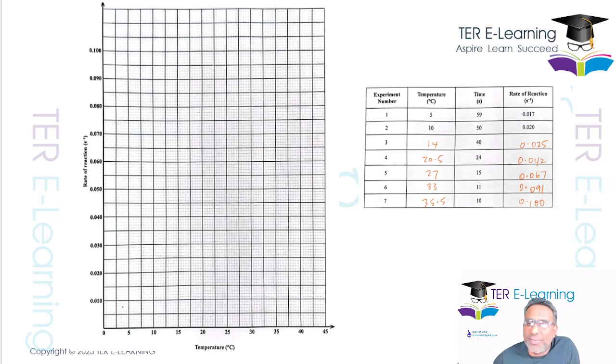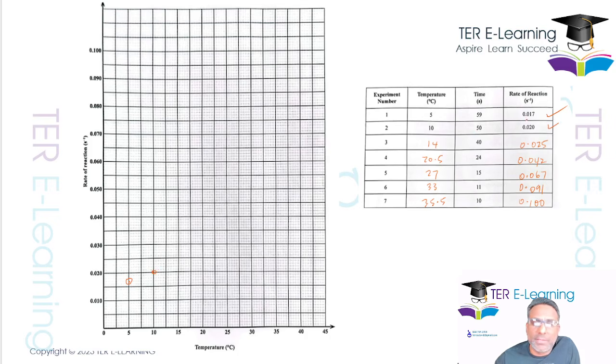So the first one is 5 against 0.017. So 5 against 0.01, 5, 6, 7, that's here. So that's your first point. The next one is 10 against 0.02, so 10 against 0.02 is here.